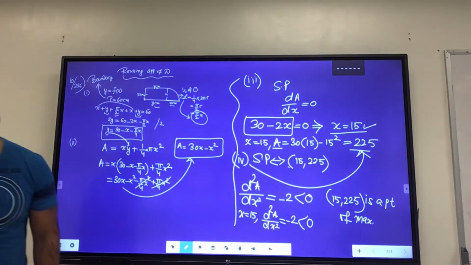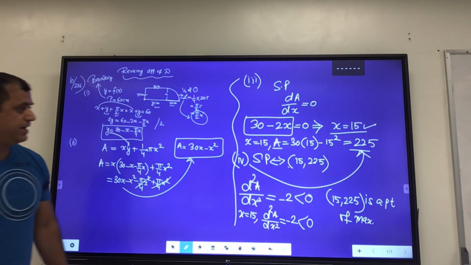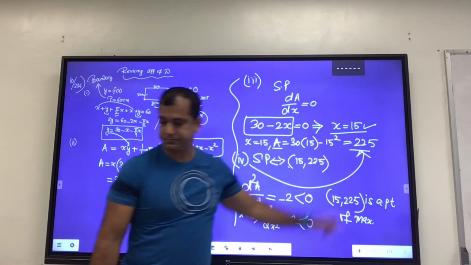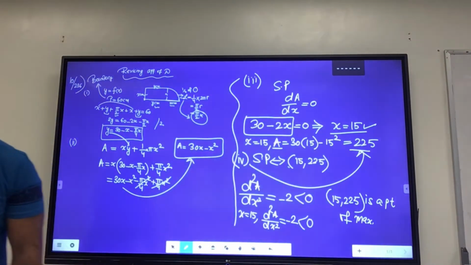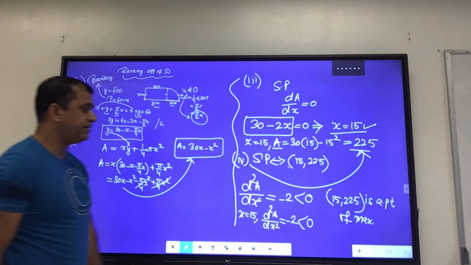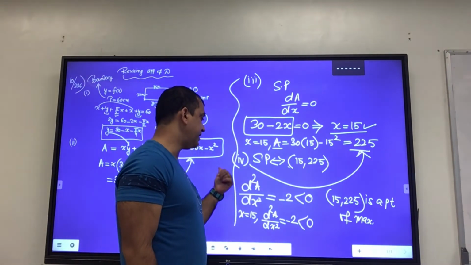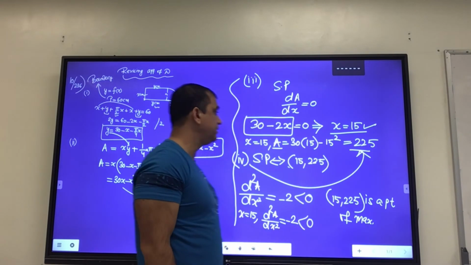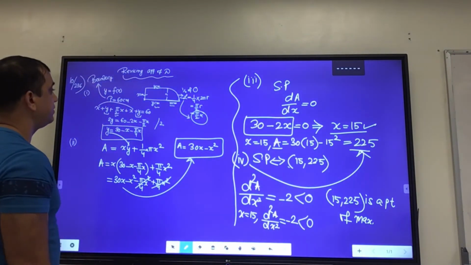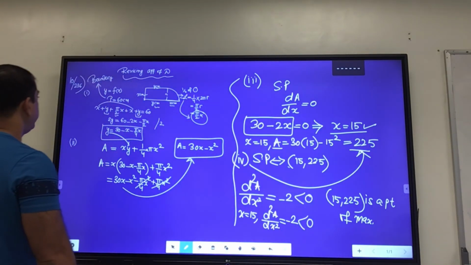So that's the question now. I read it again. Find the stationary value of A, 225. Determine whether it is a maximum or minimum. It's a maximum by using the second derivative test. Our second derivative came out to be negative. Clear? So this is a complete set of question in which we do step by step.